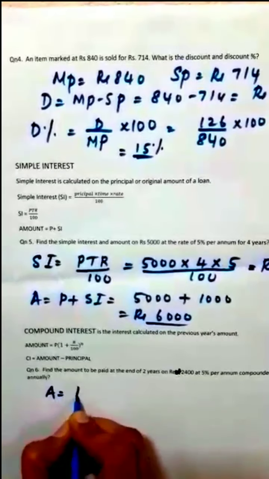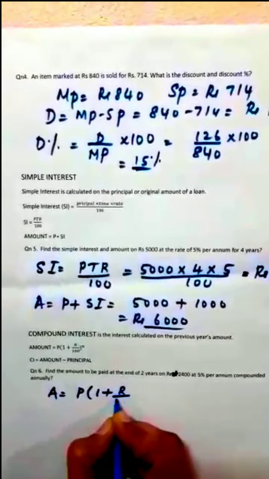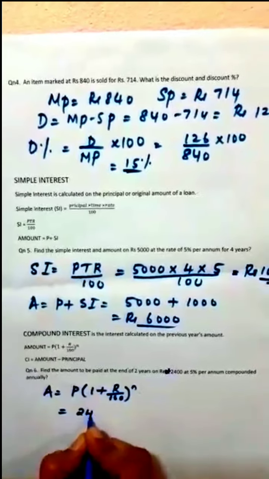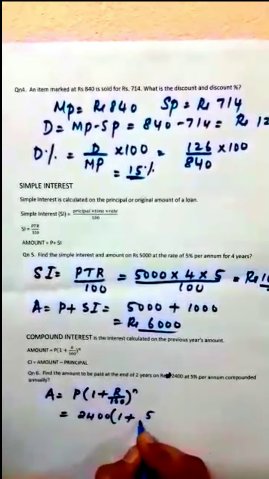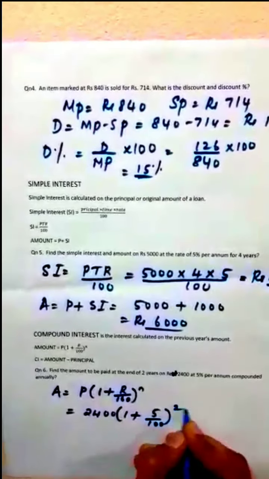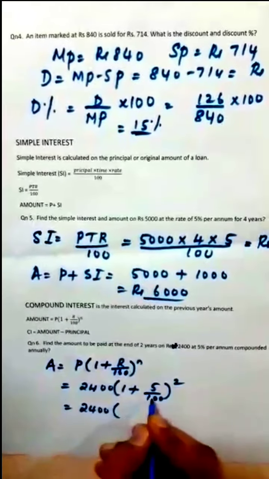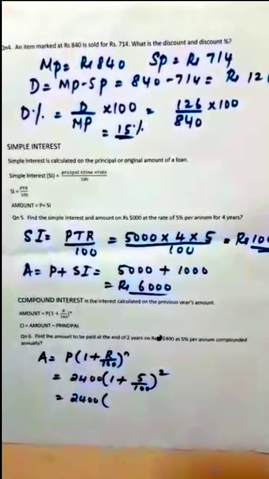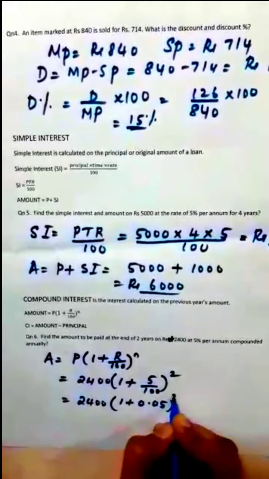A is equal to the formula of compound interest, that is P into 1 plus R over 100 raised to N. P is 2,400. 1 plus R, the percentage given is 5, that is over 100 raised to 2. So 2,400 multiplied by 1 plus 5 over 100. 5 over 100 we can write as a decimal, so it will be 0.05, raised to 2.